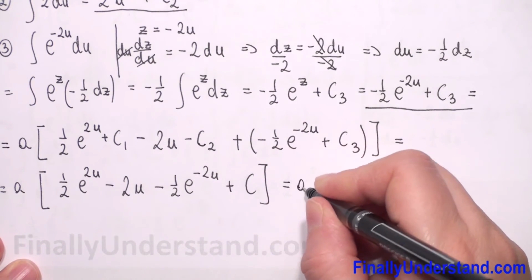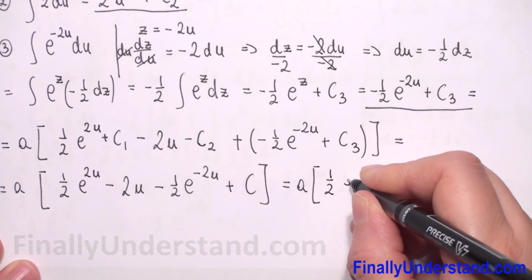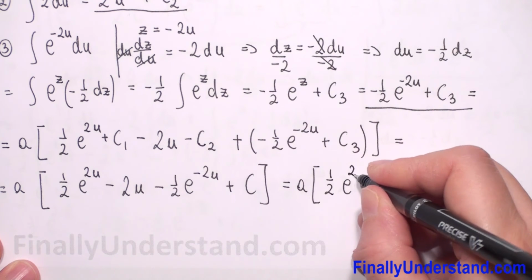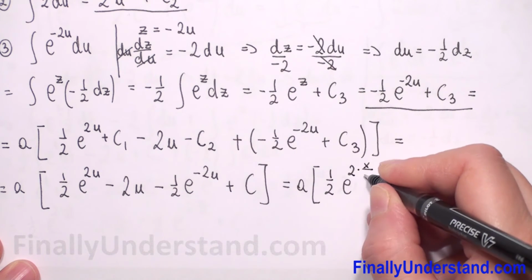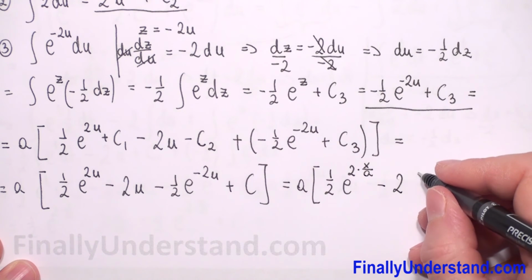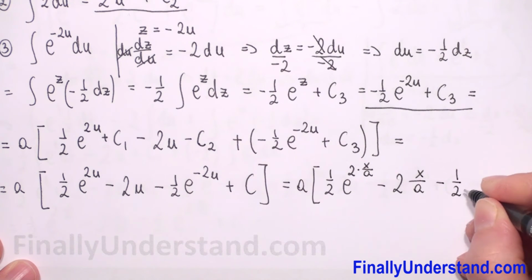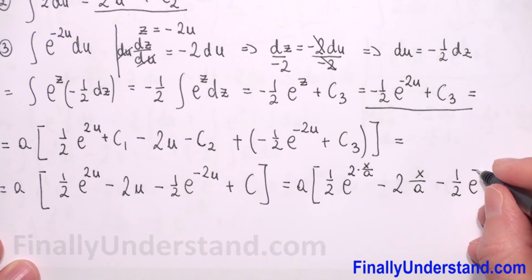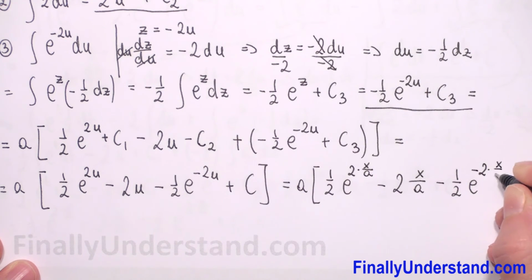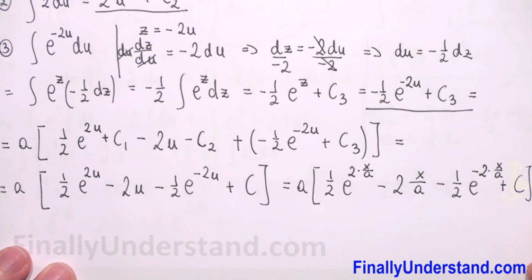So we have to copy a, and in brackets we will have 1/2 e to the power 2 times x over a minus 2 times x over a minus 1/2 e to the power negative 2 times x over a, plus of course constant c, and we can close the bracket.